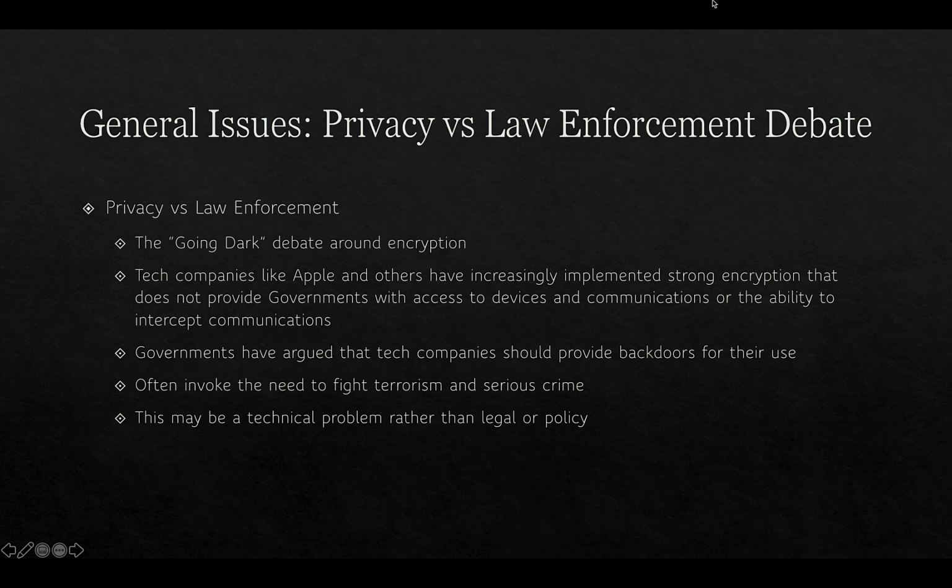And essentially, this may be a technical problem rather than a legal or policy problem. It may be possible to implement schemes where the systematic weakness of that technology isn't introduced, but it does give law enforcement access to essentially confidential information when they've got a court justification to do so.